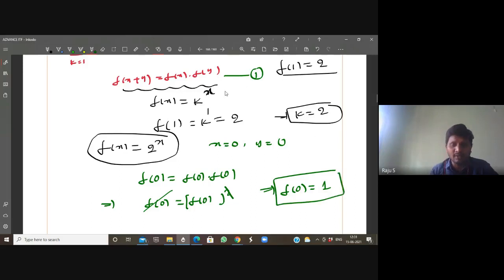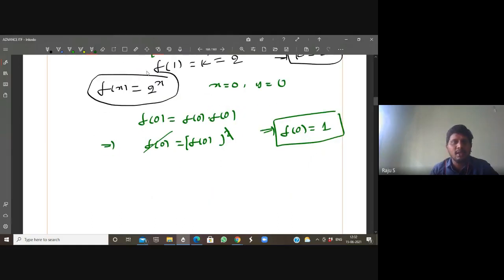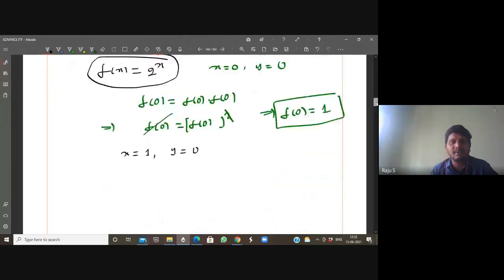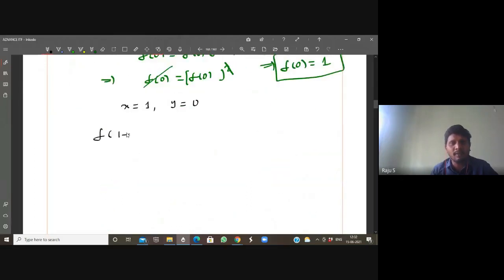Okay, I'm proving that if f of x plus y is equal to f of x into f of y, then the function is k power x. How can we consider k power x? That I'm going to prove here. Then next, I want to substitute x is equal to 1 and y is equal to 0 in the above equation 1. Left side is f of x plus y, nothing but f of 1 plus 0.